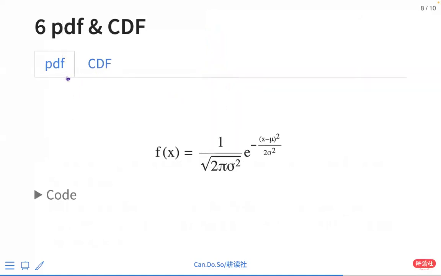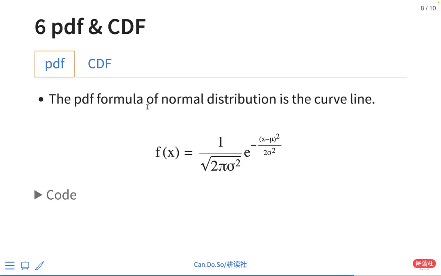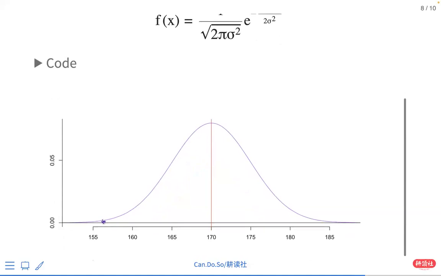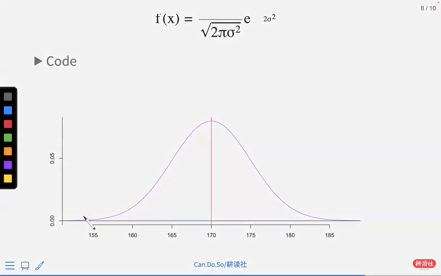We have PDF and CDF. PDF is the formula of normal distribution, the curve of the line. This is the line of the curve. We know that for any curve, any line, we can use a formula to denote it.